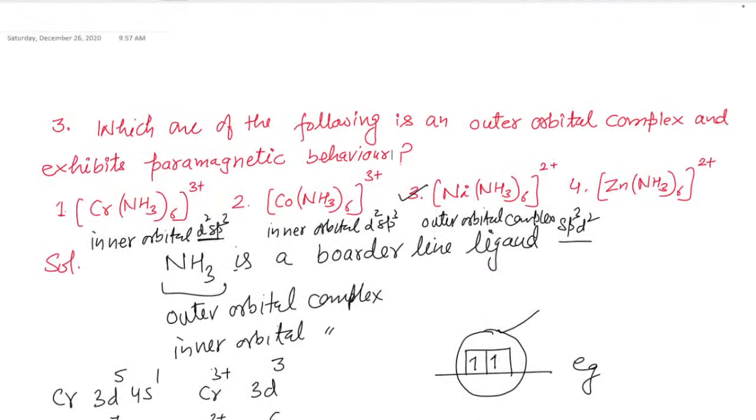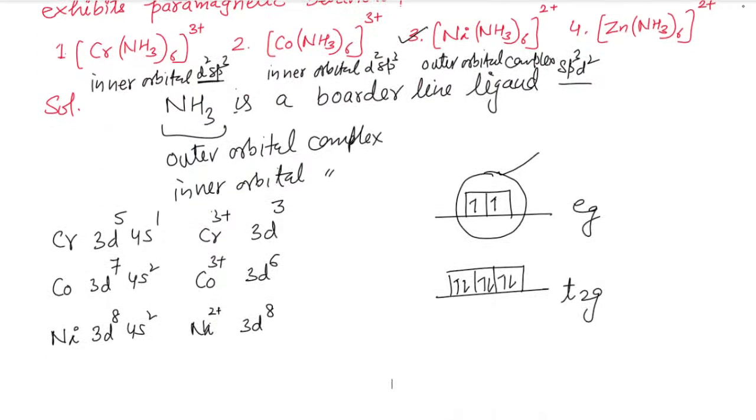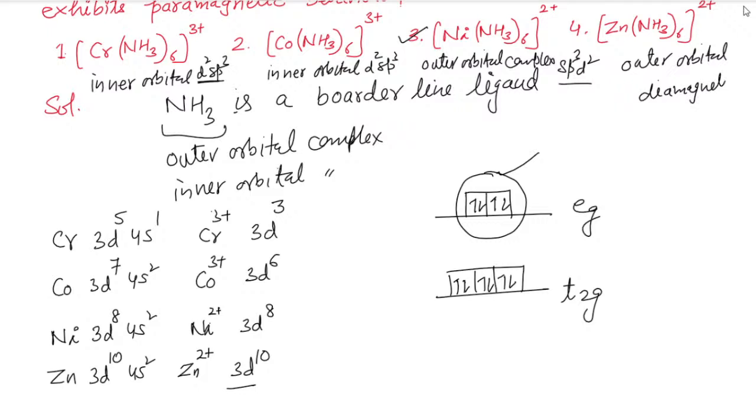If you compare with zinc, in case of zinc it is 3d10 4s2. So Zn2 plus is 3d10. All the inner d orbitals are filled, and it is also an outer orbital complex but diamagnetic. This one is outer orbital but paramagnetic, and that is what is needed in the question.